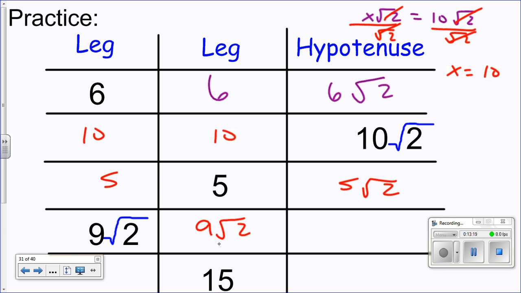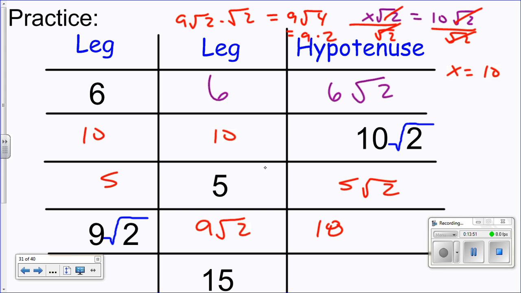So if I want to figure out what the hypotenuse is, it would be 9 root 2 times root 2, because it's always x times root 2. So that means it would be 9 root 4. And 9 root 4, well, what's the square root of 4, everybody? It's 2. So it would be 9 times 2, or 18.